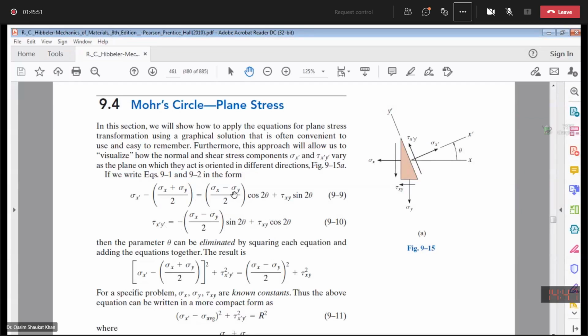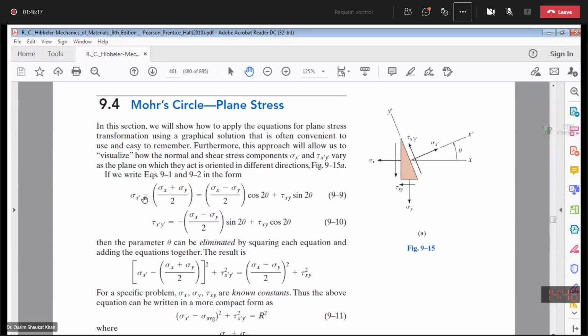Now, these are your two main equations. How have they started? These equations are written in a form where the terms with theta are separated out from the terms without theta. The terms without theta they have moved to the left side, and the terms with theta to the right side.